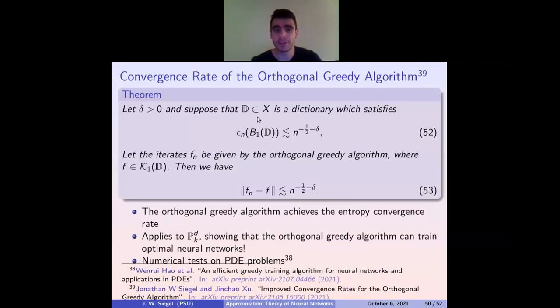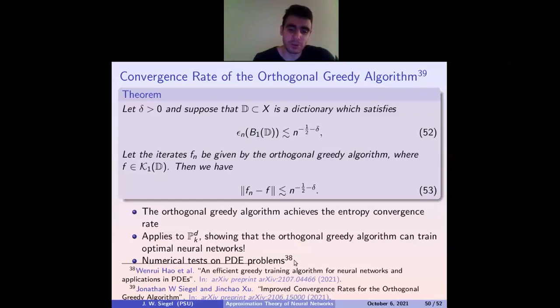If this dictionary of functions has a small convex hull in the sense of the entropy decaying like n to the minus 1/2 minus delta, so decaying faster than n to the minus 1/2, then the orthogonal greedy algorithm attains that same approximation rate. This shows that the rates that we derived can actually be realized using this orthogonal greedy algorithm, assuming that you can solve this argmax subproblem.